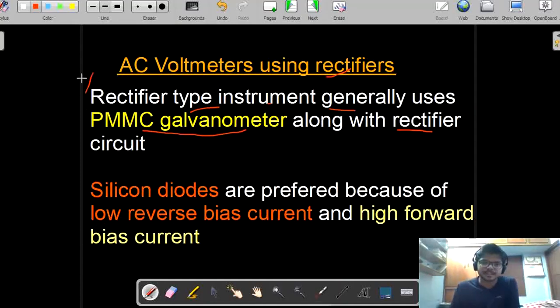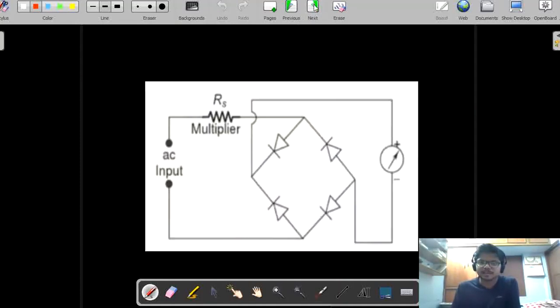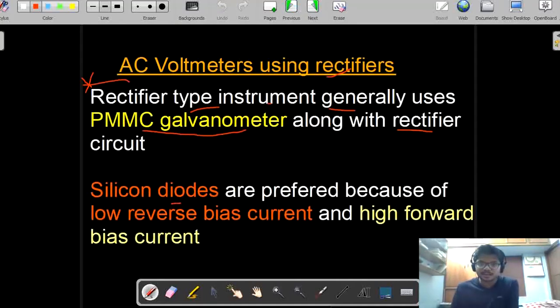To understand this statement, see this diagram carefully. This is a rectifier circuit, some rectifier circuit I have shown here. For AC voltmeters, a rectifier circuit along with a PMMC galvanometer arrangement is made. Silicon diodes are preferred because of low reverse bias current and high forward bias current.